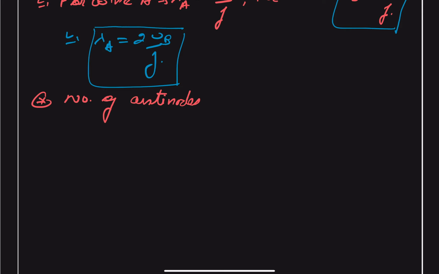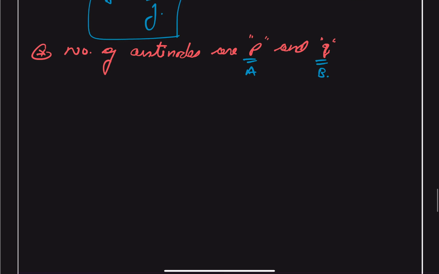P is in wire A and Q is in wire B. And we know that the number of antinodes in a wire of length L is proportional to the length of the wire divided by half the wavelength.